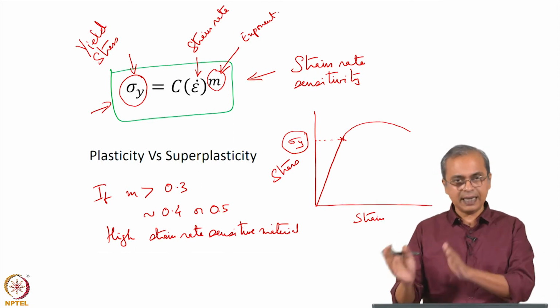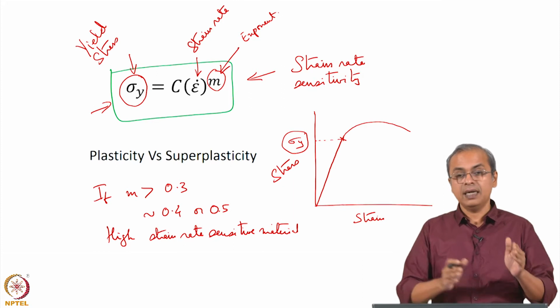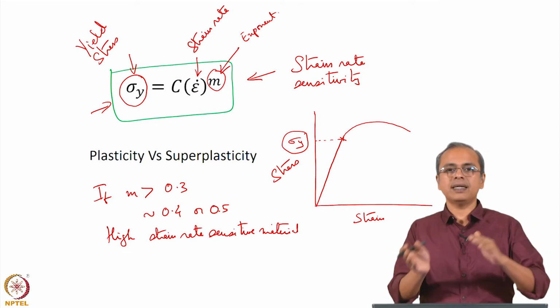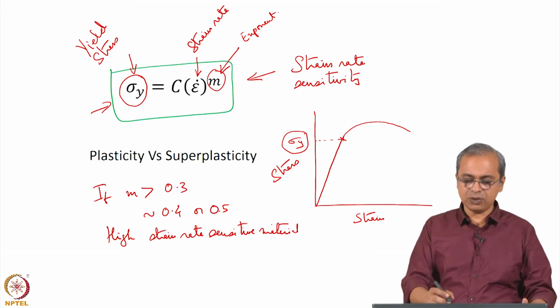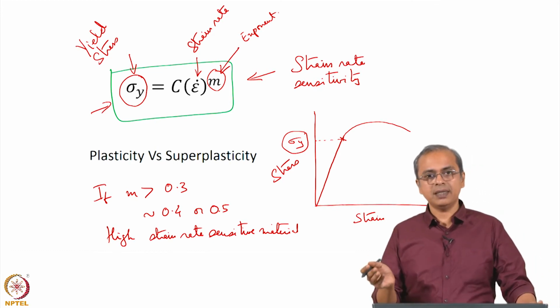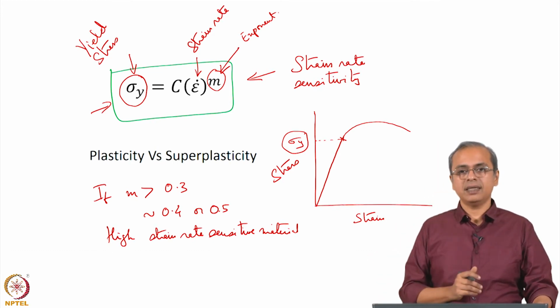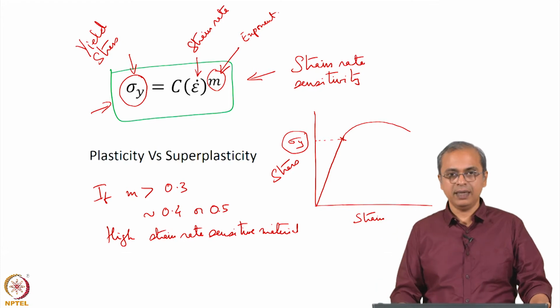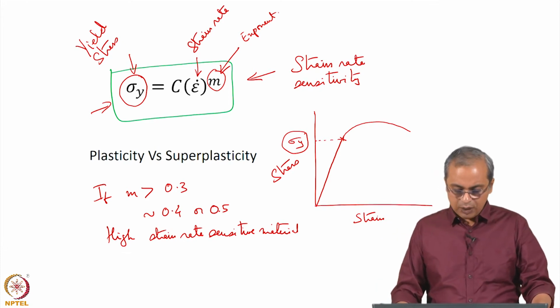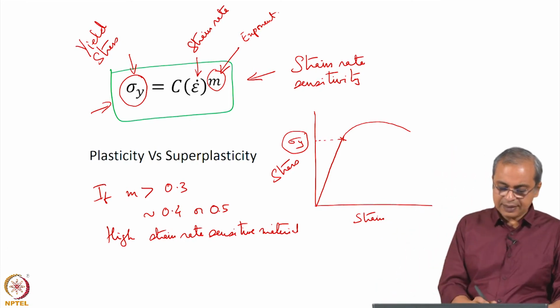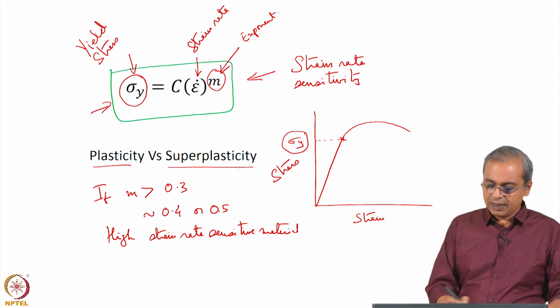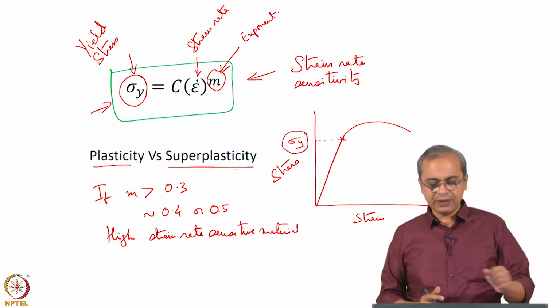Typically at higher strain rate you will get a higher yield stress. The extent to which the strain rate affects the yield stress depends on this exponent. So, the higher the exponent, the greater is the increase in the yield stress for the same increase in the strain rate. Okay. So, now when you look at plasticity versus superplasticity, technically really the difference comes down to this exponent.